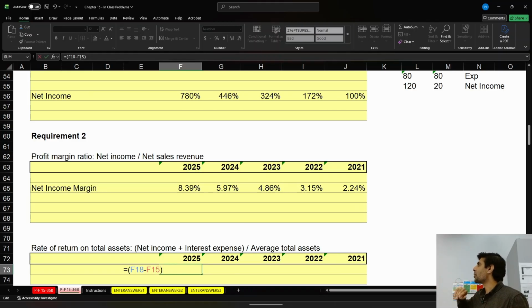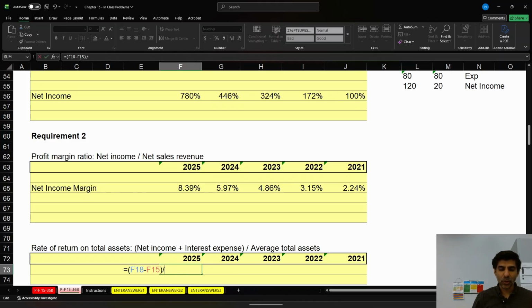But I think in this problem, you don't have income tax expense, so we don't have any kind of adjustment for that. But just for your knowledge, if you're trying to get a pre-expense profit, you also have to realize that the interest expense is going to affect how much tax you pay, because it's a deduction from your taxable income. Okay, but that's kind of a technical thing. Let's just follow the formula as they've stated it.